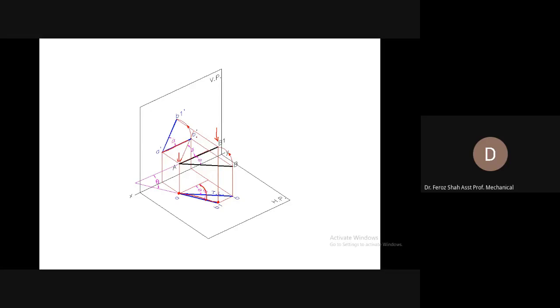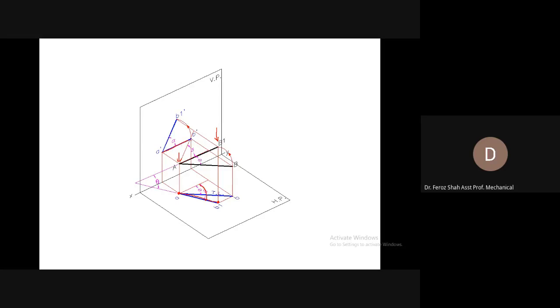The front view has also gone to this position, remaining of similar length, but the angle that the front view is now making is greater than the angle that it was previously making.